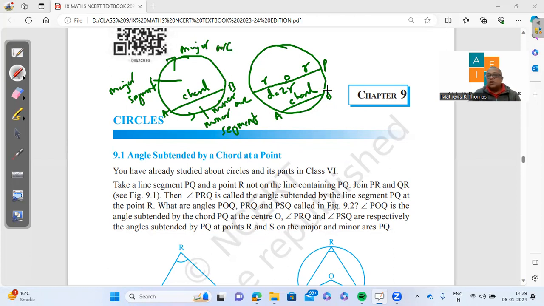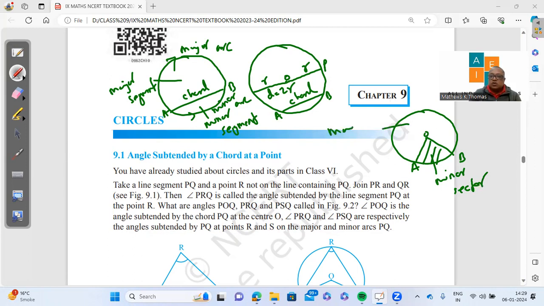So we should be aware of these terms: radius, chord, diameter, minor arc, major arc, minor segment, major segment, right? Then we have something called a sector, like a pizza slice. Okay, this is a sector, and the smaller part is called the minor sector, and the bigger part is called the major sector.